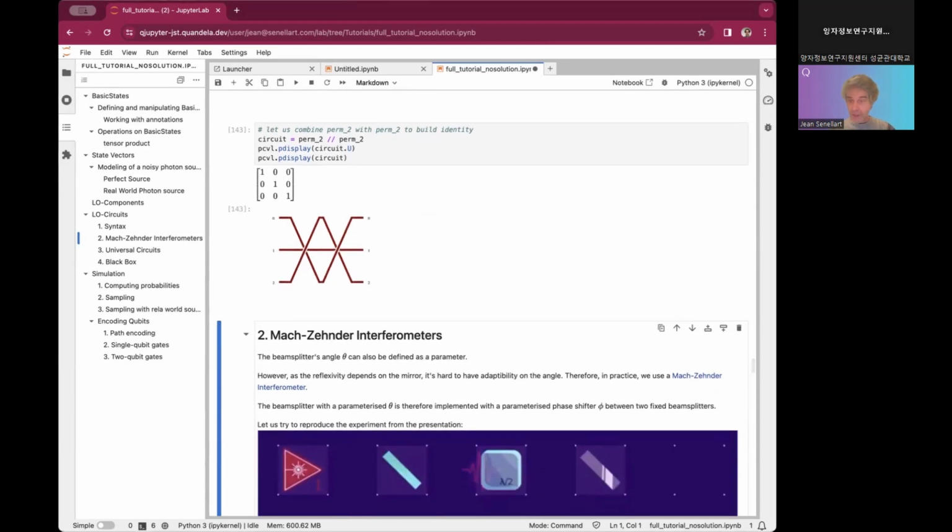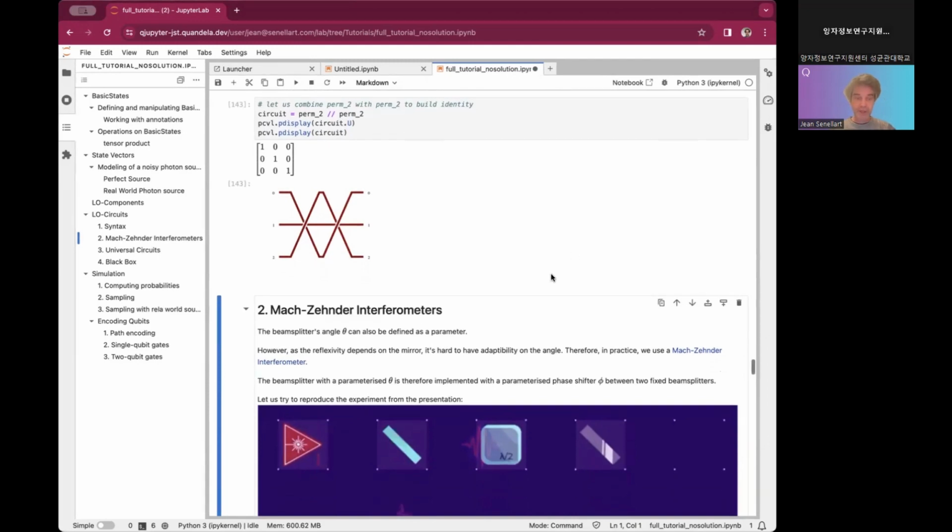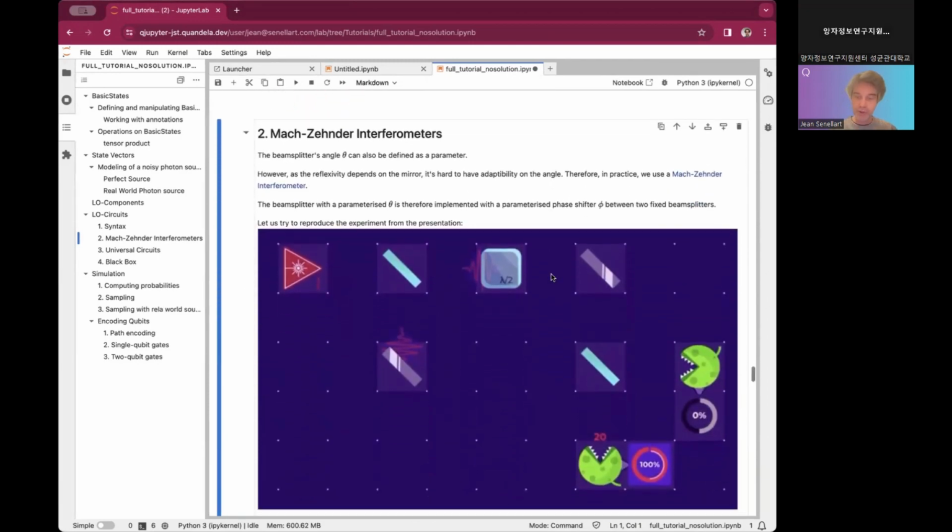Okay, so in the presentation yesterday on Tuesday, I was showing this circuit, and we were showing that by changing the phase here, we can have the photons arrive either on this detector or this detector.